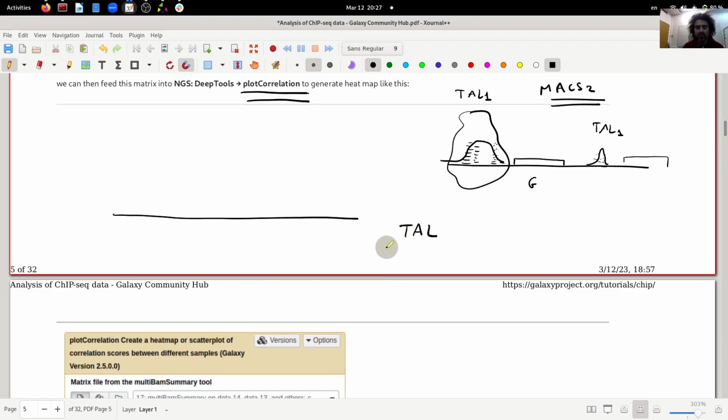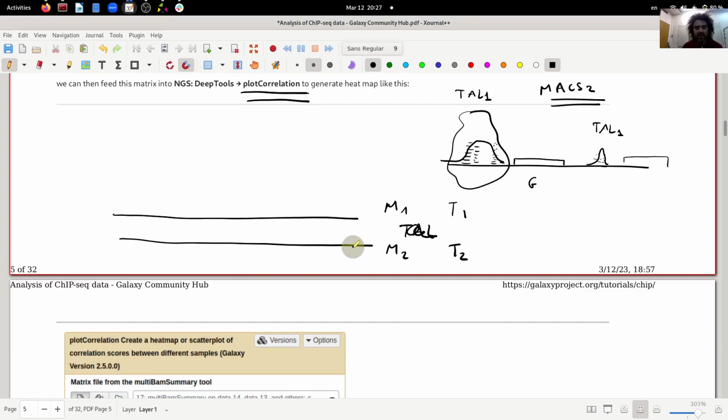So what we should do eventually, for these two mice, mouse 1 and mouse 2, which are the TAL1 dataset and TAL2 dataset here, is to merge them. So we'll merge them in order to have more reads and find more accurately the binding locations of TAL1.